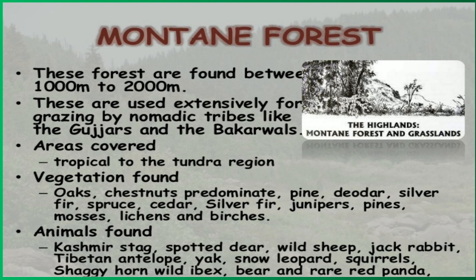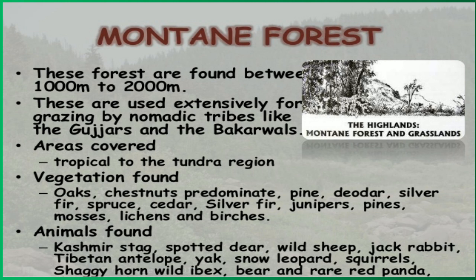Areas covered range from tropical to the tundra region. What type of vegetation is found there? Oaks, chestnut predominate, pine, deodar, silver fir, spruce, cedar, junipers, mosses, lichens and birches.